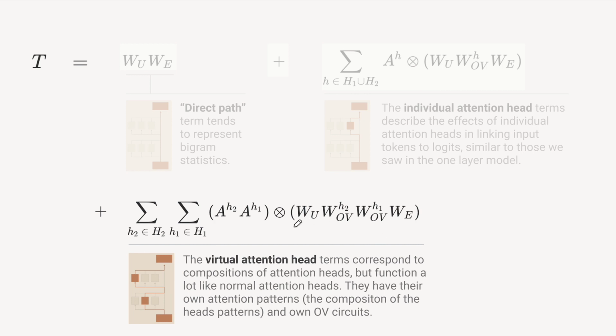And then they have an OV circuit, just like our regular attention heads. That OV circuit describes how, if a virtual attention head attends to a given token, it will affect the outputs. And this product in the middle tells us what subspace it reads in from the residual stream right at the beginning, and where it writes to at the end.